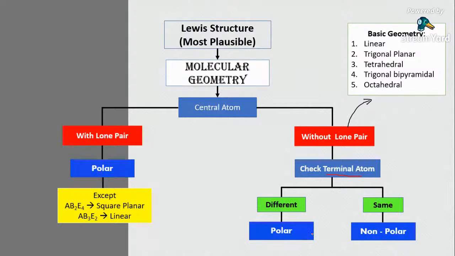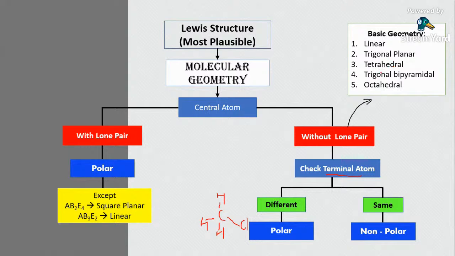Okay, I give you an example. For example, I use this one, C, H, H, H, and then Cl. This one is tetrahedral, but it's polar because it cannot cancel over here. The terminal atom is different. By right, tetrahedral is symmetry. Dipole moment can cancel off each other.